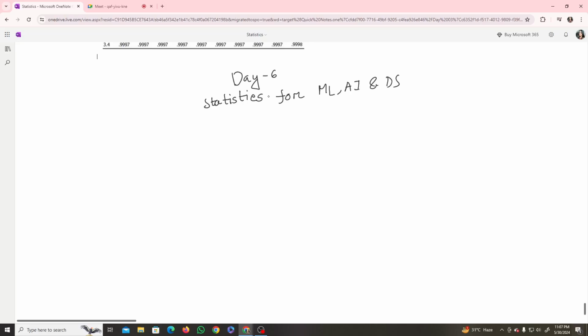In today's session, we are going to talk about hypothesis testing, different kinds of tests, then confidence interval, and some basic fundamentals of hypothesis testing. Firstly, we will cover the confidence interval.